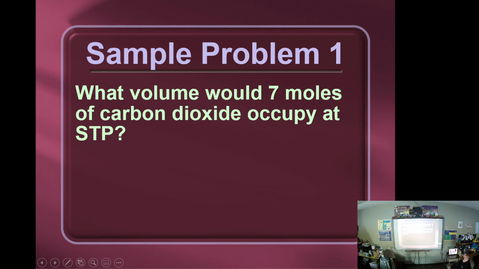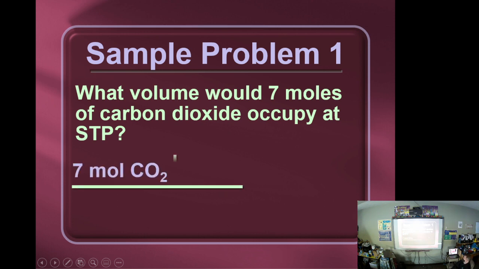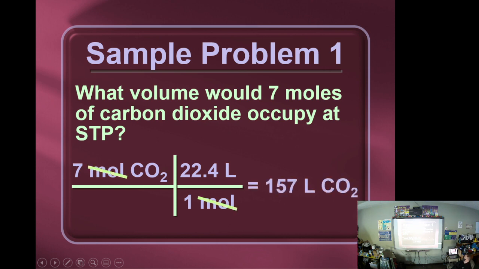So, if I had 7 moles of carbon dioxide at STP, 7 moles of carbon dioxide, 1 mole is 22.4 liters, 7 moles of carbon dioxide occupy 157 liters at STP. You know where this is going to get a little harder, right?